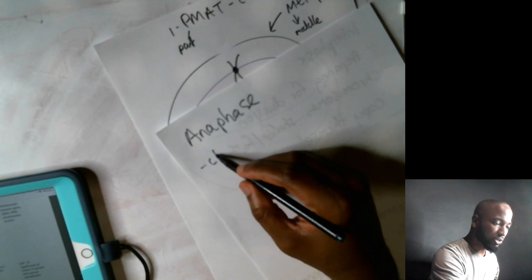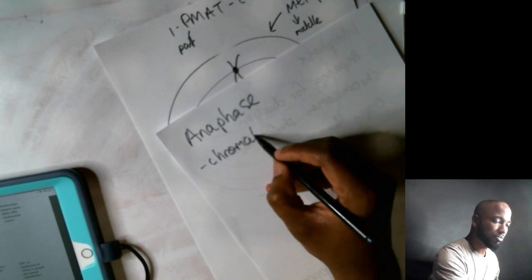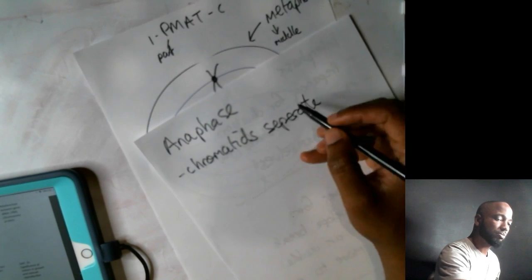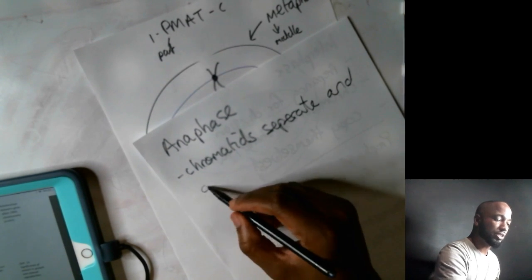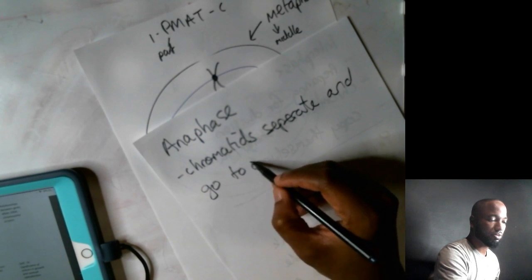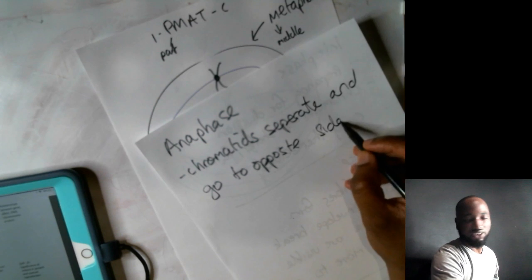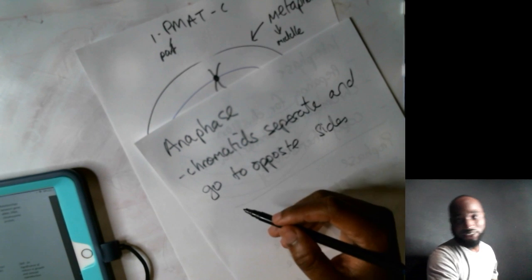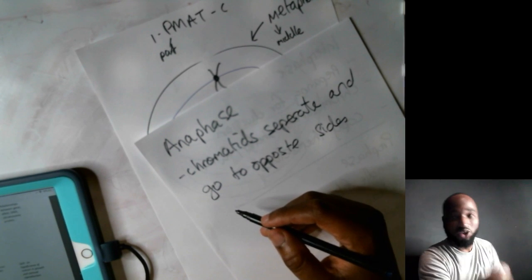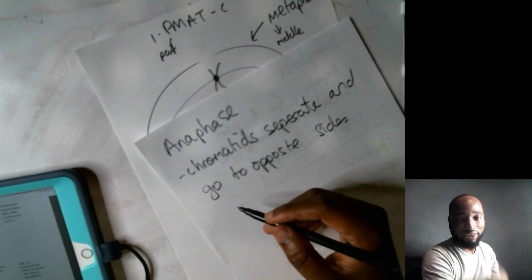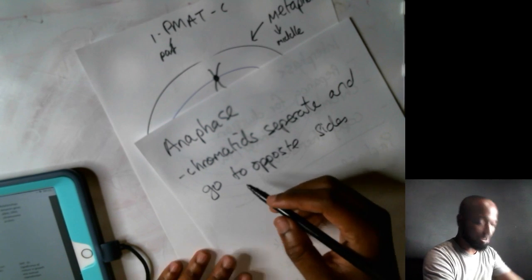So the chromatids separate and go to opposite sides. Yeah, so everybody's seeing it correct. So this is just learning off, but how we getting it here? Visual feedback, writing feedback. Hopefully that just stick in your mind, and you ain't have to worry about this part again.